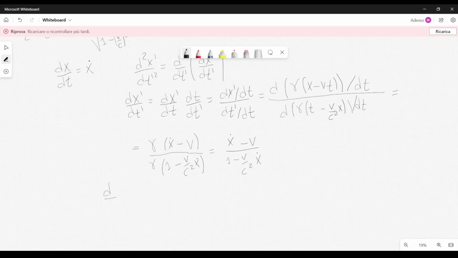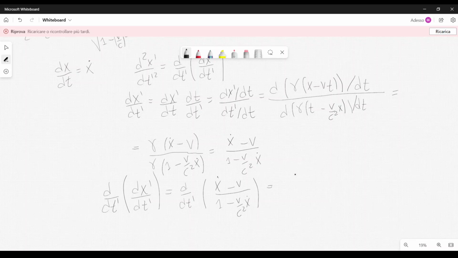So let's do it. We have d over dt prime of dx prime over dt prime. This is equal to d over dt prime of x dot minus v over 1 minus v over c squared x dot, like this.